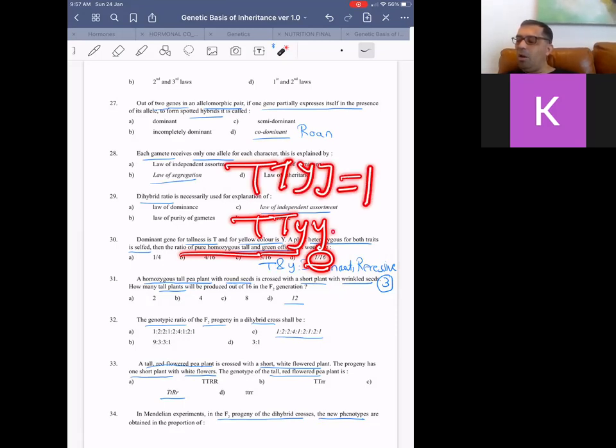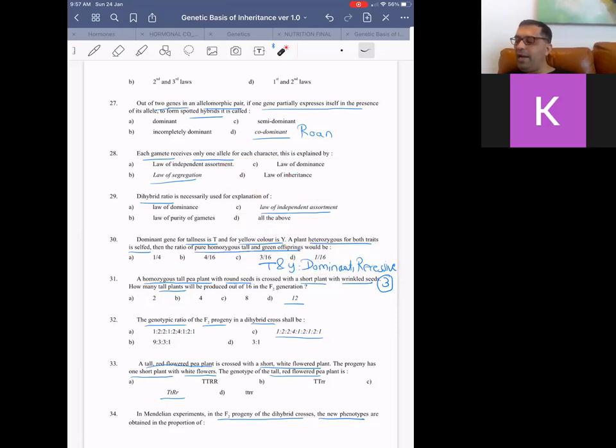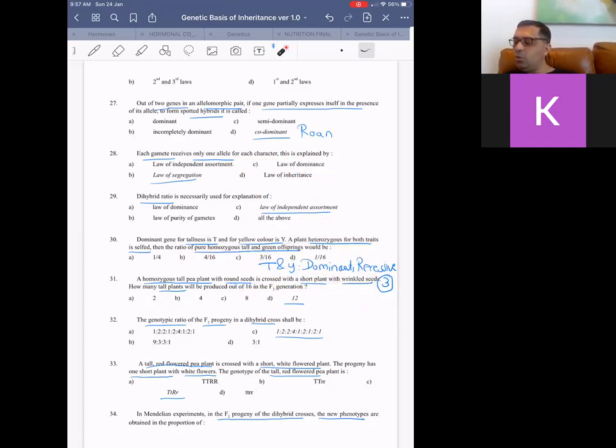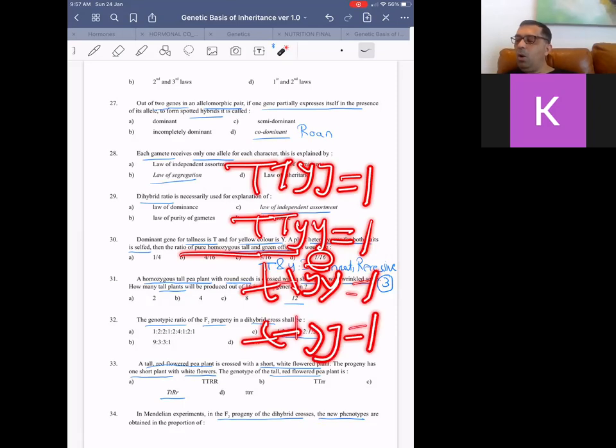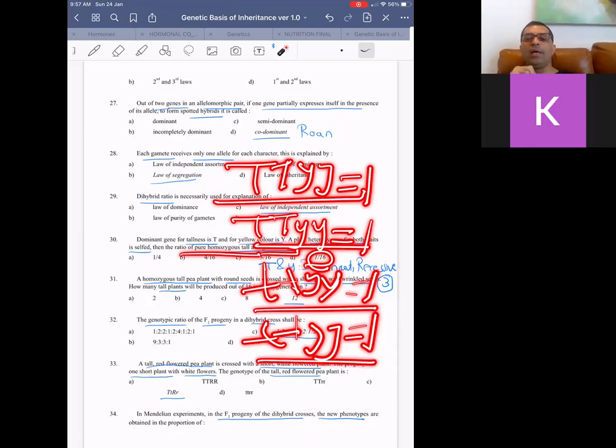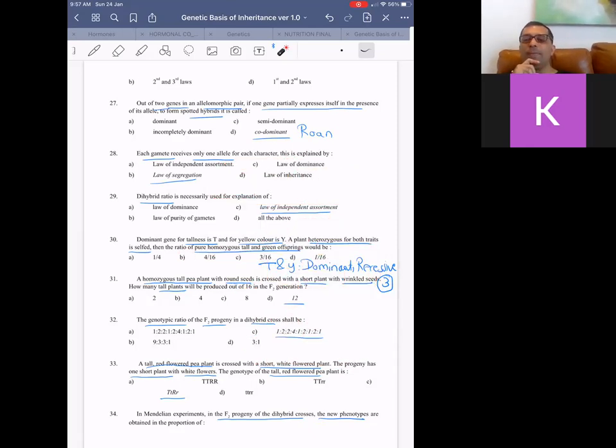Capital T, small y? 1. Small t, capital Y? 1. And small t, small y? 1. Anything which is double homozygous is 1. So double homozygous is always 1.